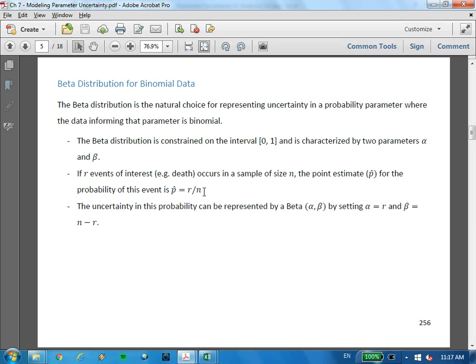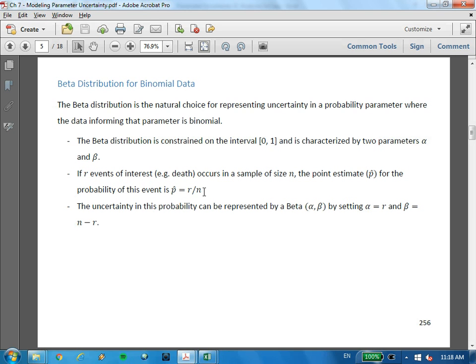So we have this binomial distribution with some probability of death, with some probability of survival. I have the data, I follow N patients, M of them are now dead, okay? M divided by N is a point estimate for the probability of death, right?